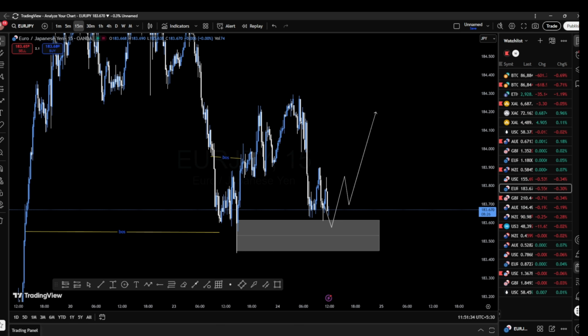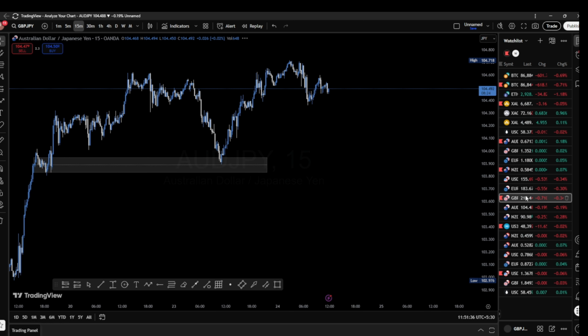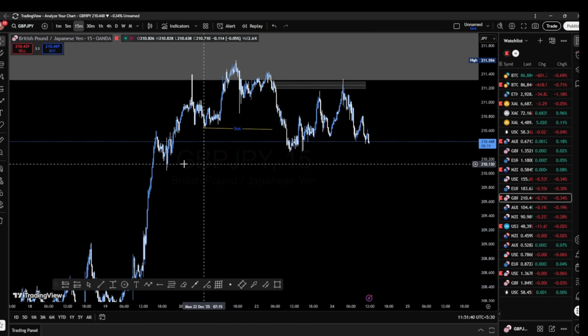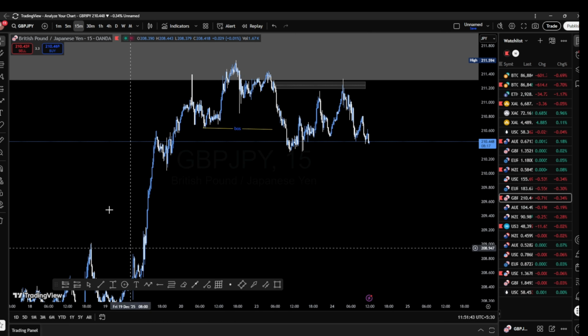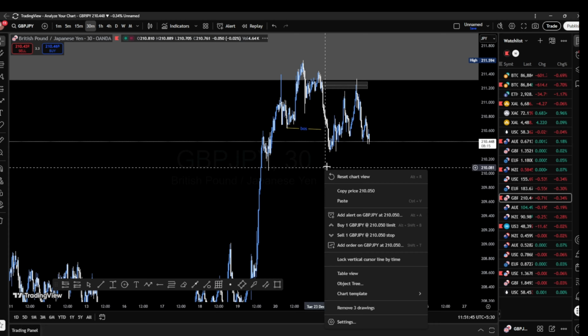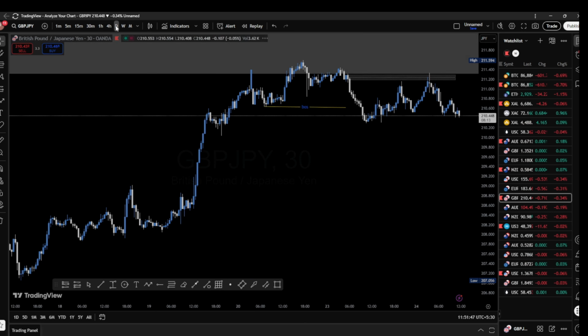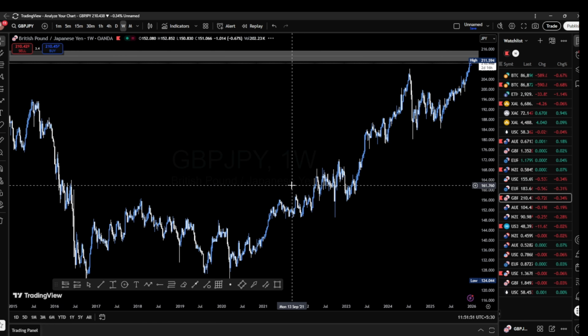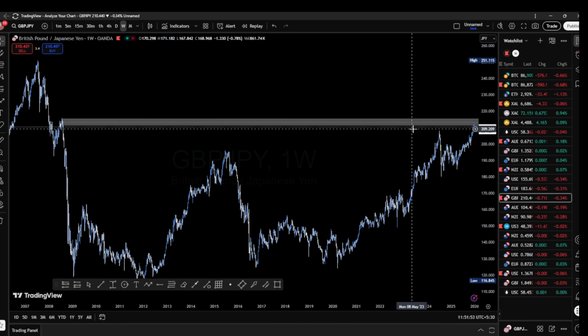Especially in Euro APY. Let's talk about ZZ. What's going on in ZZ? This is a bit the same. These are all liquidities. The market is hunting all the liquidities in the 15-minute time frame. Weekly supply level.